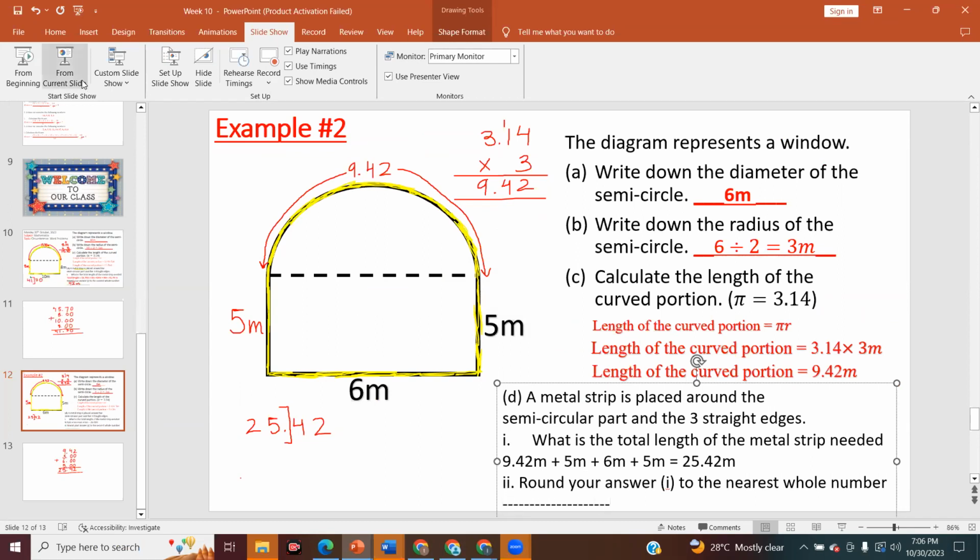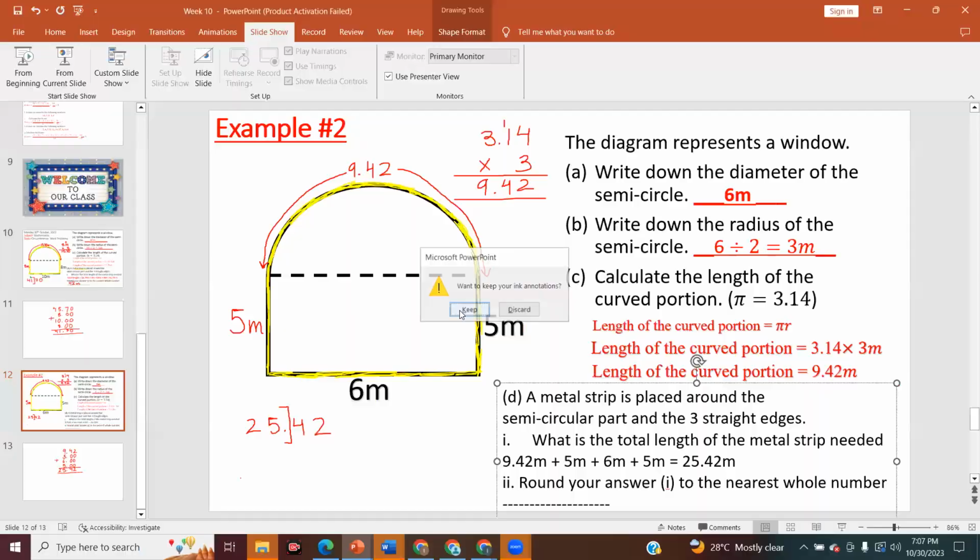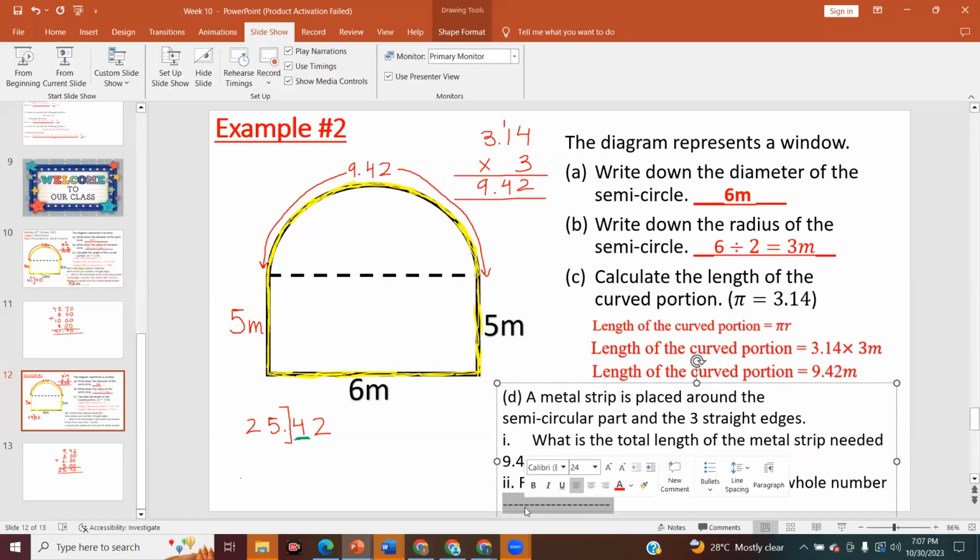The reason is, if you look carefully, we have to look at the 4, right? 4 is less than 5, right? Yes, sir. And since 4 is less than 5, we have to keep it the same. So we can't round up. So we can't add 1. So the answer now is definitely just simply 25.